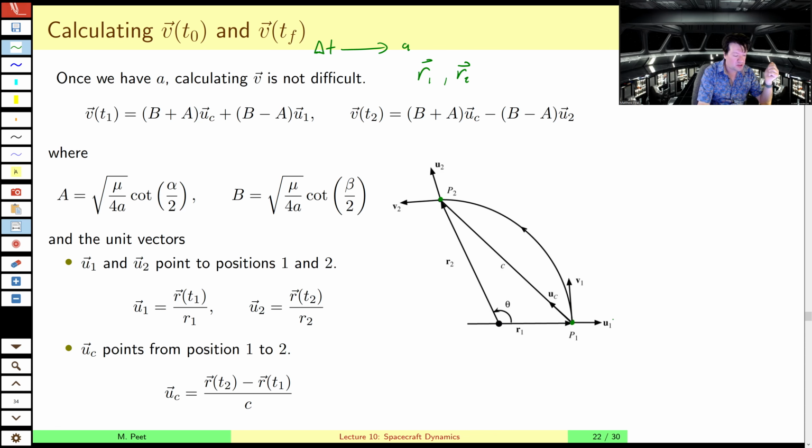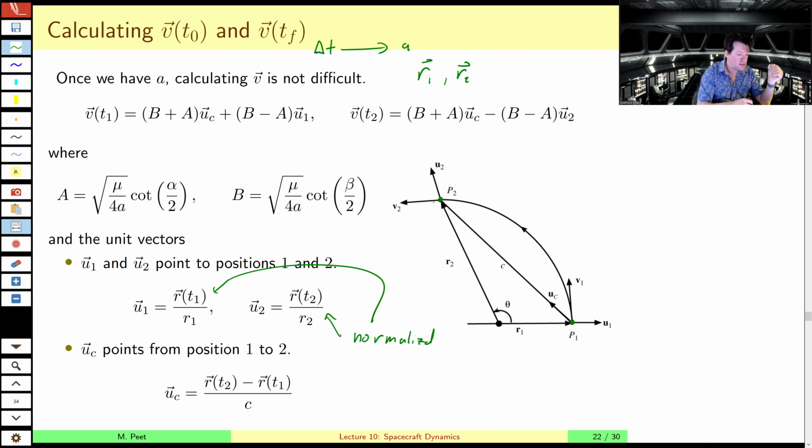Right? So what we just do is we normalize R1 and R2 to get unit vectors. So these are just normalized R1 and R2. And we now have an explicit expression for the velocities in terms of those two normalized position vectors.